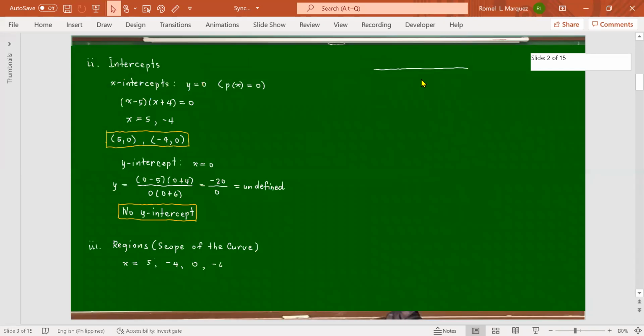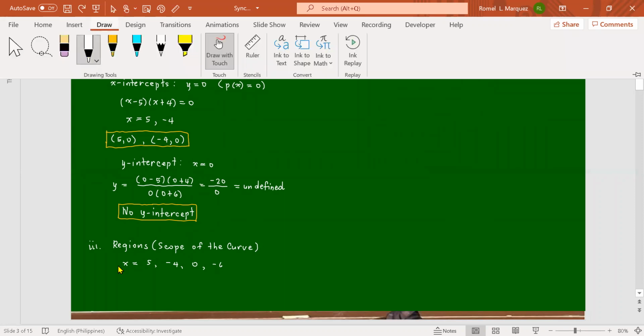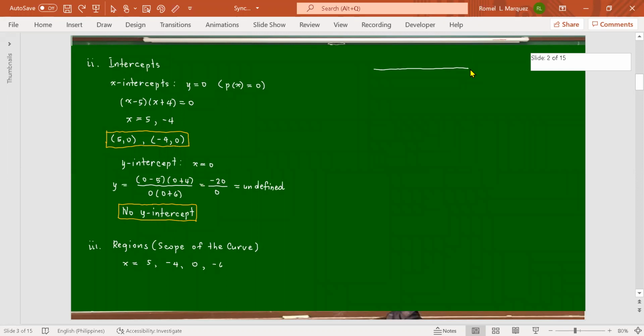So again, let's now arrange from lowest to highest the numbers that we obtained, coming from the x-intercepts and vertical asymptotes. So this is negative infinity to the left, then negative 6, negative 4, followed by 0, and then 5.